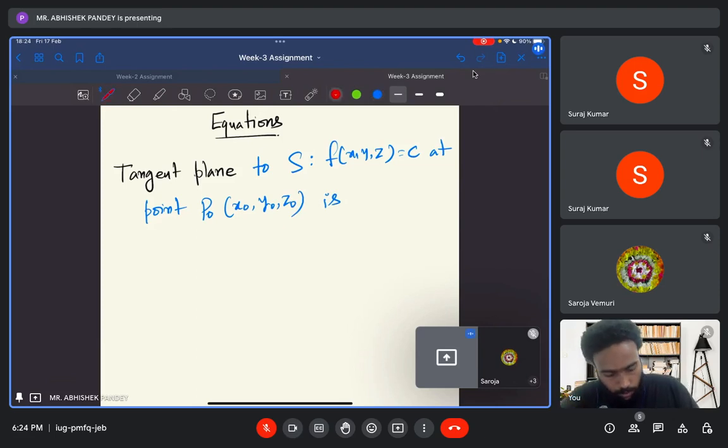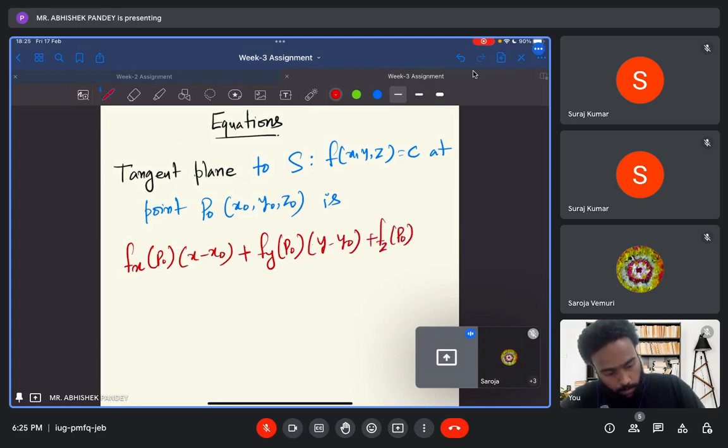So this is f_x at P naught (x minus x naught) plus f_y at P naught (y minus y naught) plus f_z at P naught (z minus z naught) equals 0. So this is your equation of tangent plane. Okay.